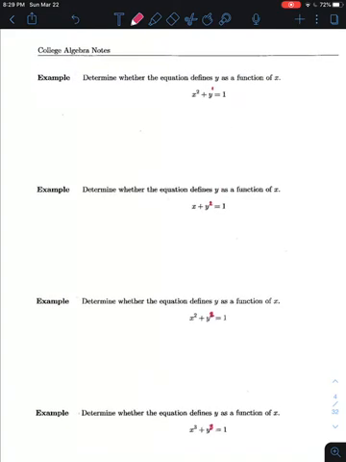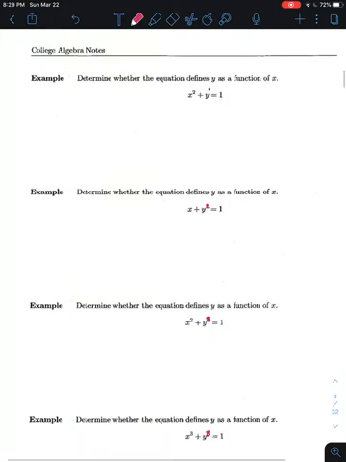I'm going to show you all these in Desmos, so we'll look at it on a graph. Basically, if the variable y has an even exponent, then it's not a function.